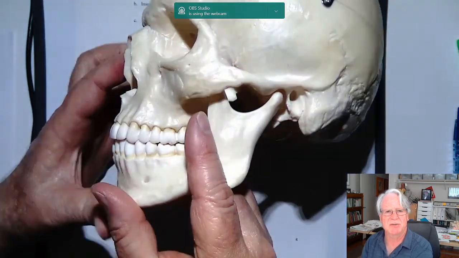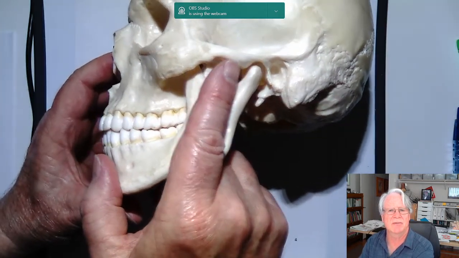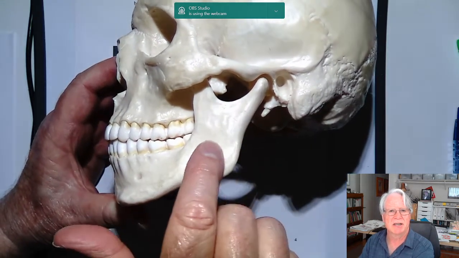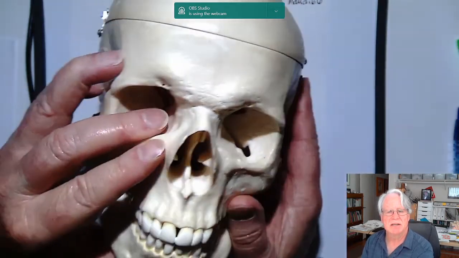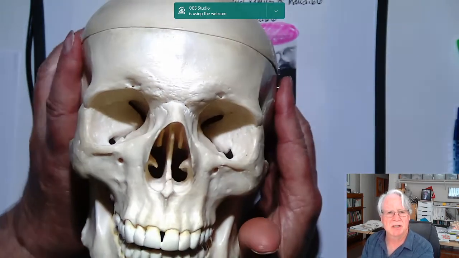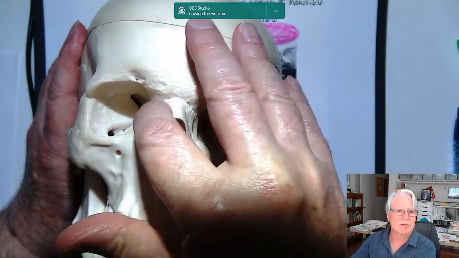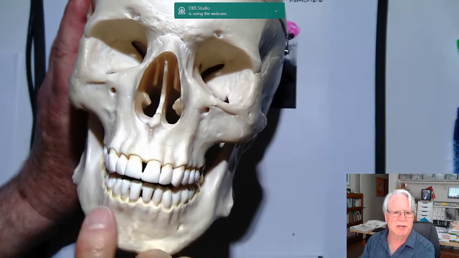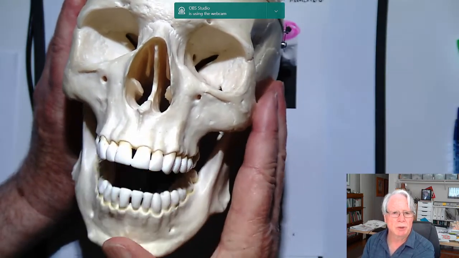Whereas the masseter muscle is all along here and here, along this edge, and inserting onto this area right there. The orbicularis oculi is from here around, and then the orbicularis oris is surrounding the lips here. Okay. Whoa, cool.